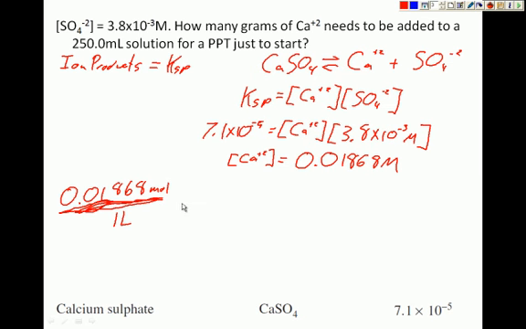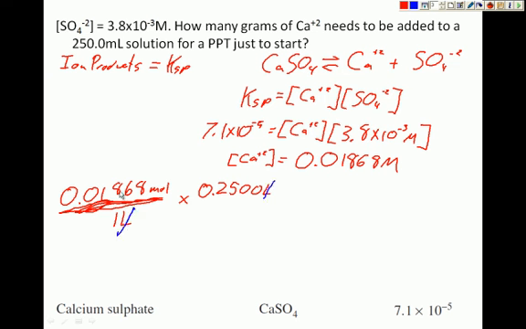And we're going to multiply that by our volume that we're given. Okay, so we're told it's 250 milliliters, so I'm going to multiply this by 0.250 liters, which is the same as 250 milliliters.